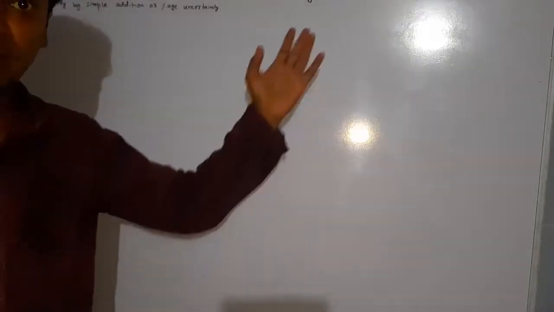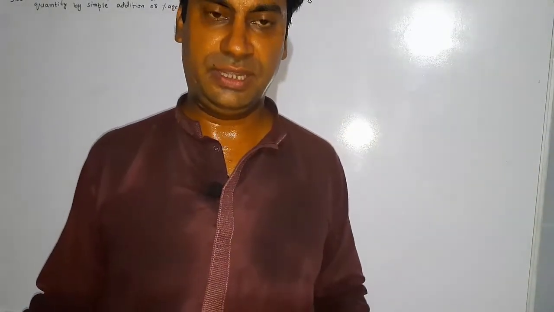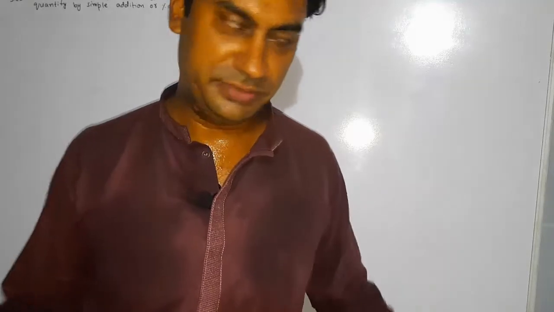Okay, now the first case to assess the uncertainty in the derived quantity is in the case of addition and subtraction. And don't get confused, we do have the same case in the addition and in the subtraction.